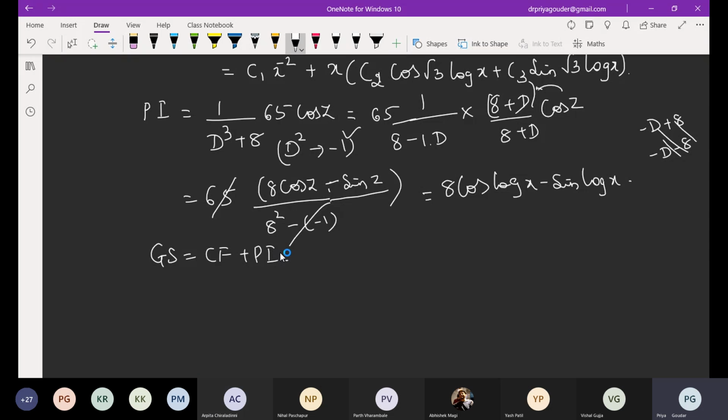Is the concept of Cauchy's clear or no? Because I can take many problems. The thing is, the concept should be clear. That's all. So I'll better give you some homework sums. Write down x square y double dash minus 3x y dash plus 4y is equal to... I think this is the last example given. Just check. Is it given?